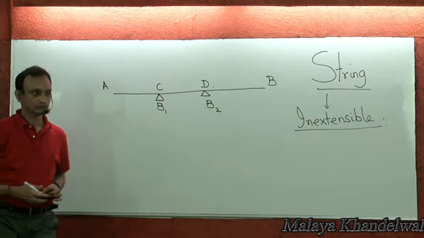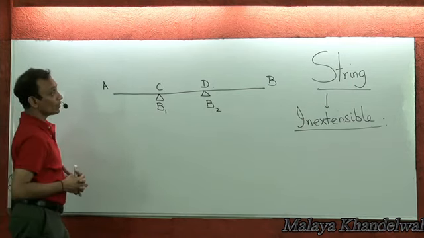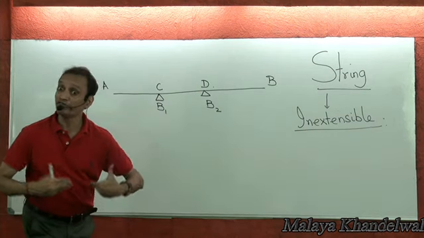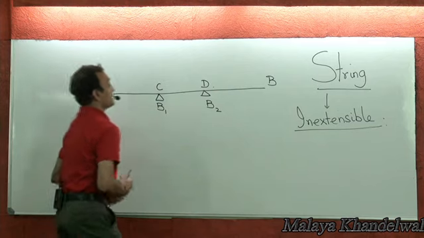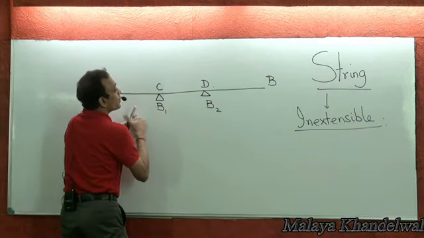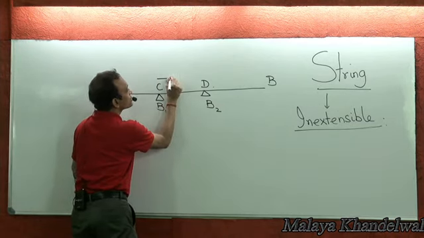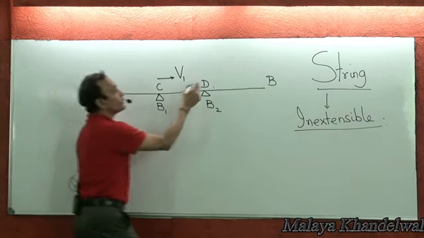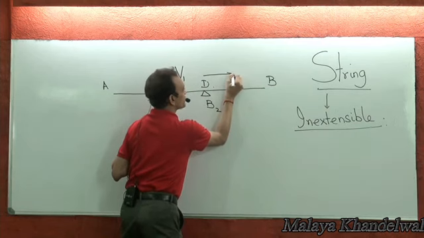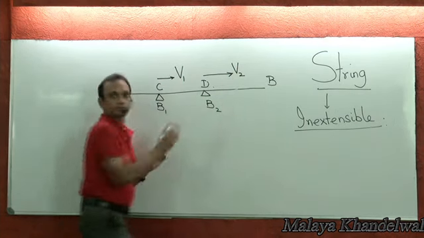Right? Say the velocity of bridge 1 is V1 along the string, and the velocity of bridge 2 is V2 along the string. All right. Yes or no?